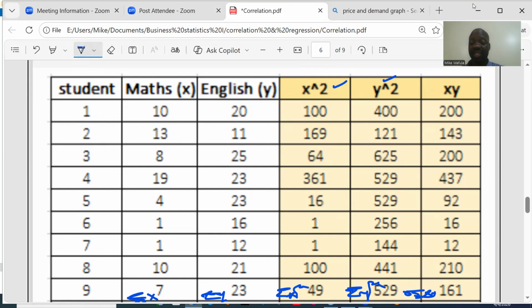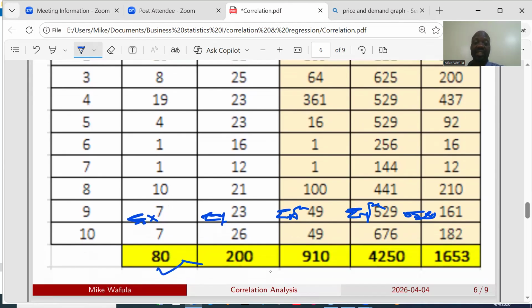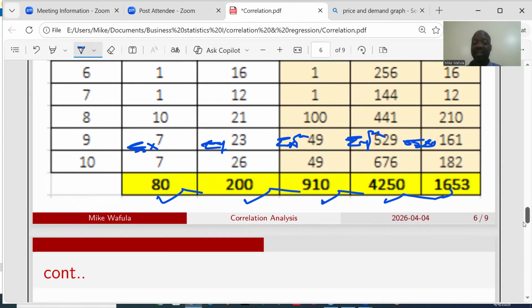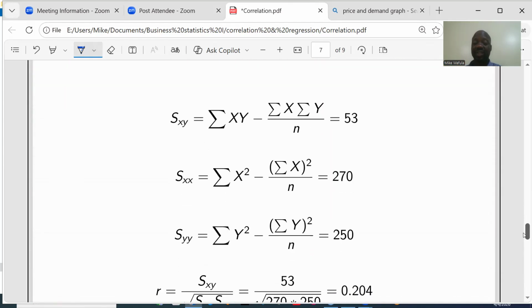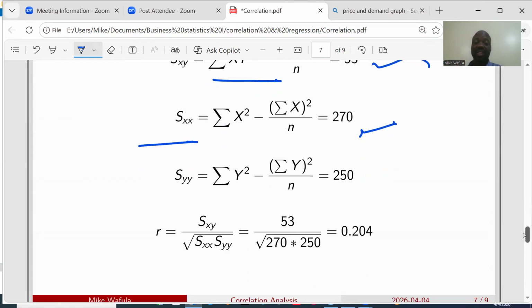With those components obtained, as displayed here, you can see the summation of X is 80, the summation of Y is 200, and the summation of X squared is 910. It becomes easier to calculate the components that help us determine the correlation coefficient. SXY we pick and plug in, we get 53, SXX is 270, SYY is 250. Plugging into the formula, we get a value of 0.204.